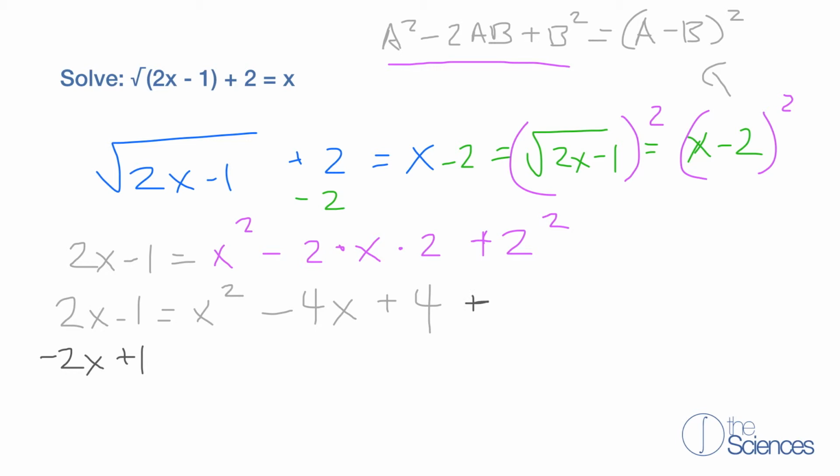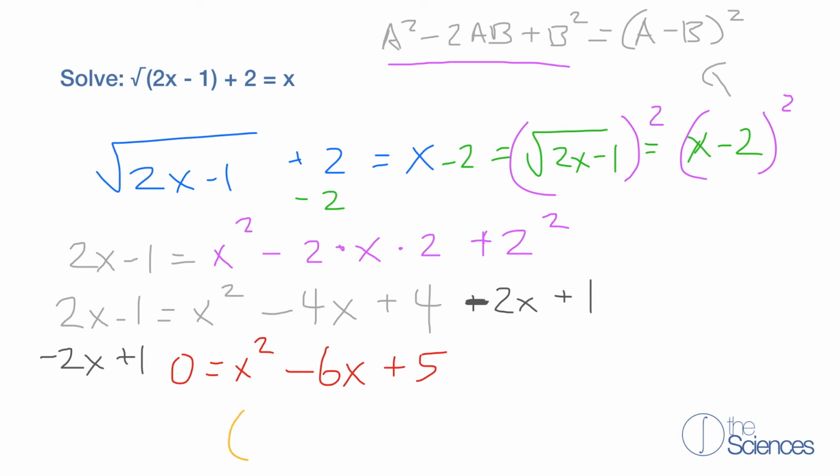So now we get 0 equals x squared, negative 4x minus 2x is negative 6x, and 4 minus 1 is 3. Wait, rather: negative 4x minus 2x is negative 6x, and 4 plus 1 is 5. So plus 5. So now we're going to factor this.